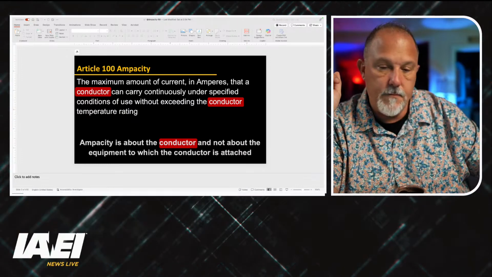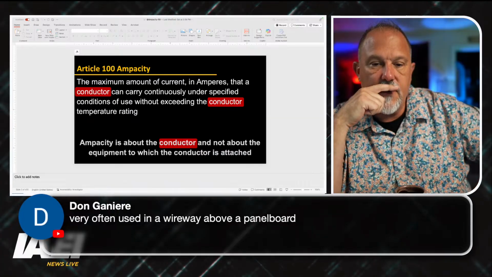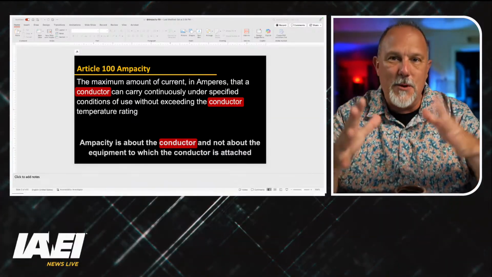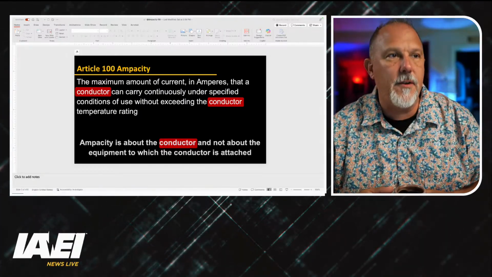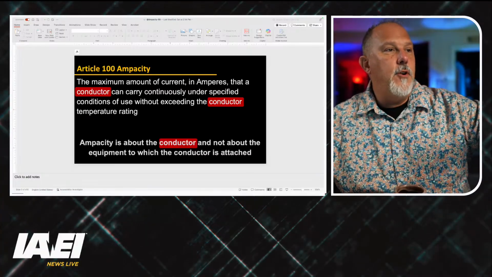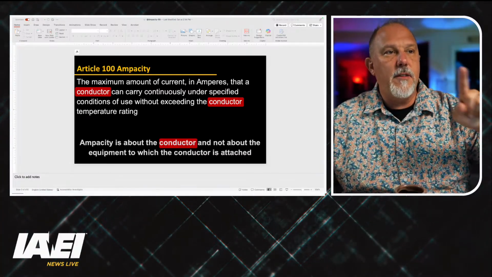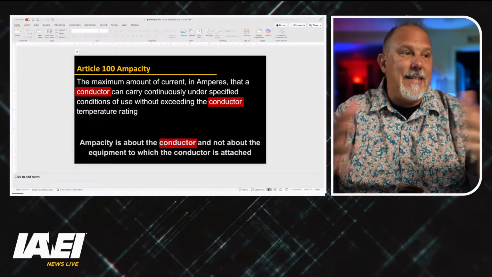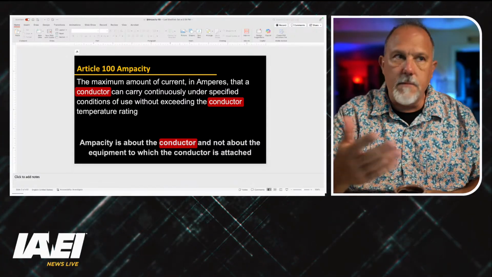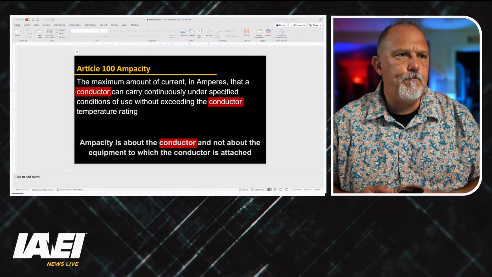So good point. Dawn says, very often used in a wireway above a panel. Yes, that's what I knew, a panel board and the wireway above a panel board, very good example for that. No conductor shall be used in such a manner that its operating temperature exceeds the ratings of the conductor and the markings.